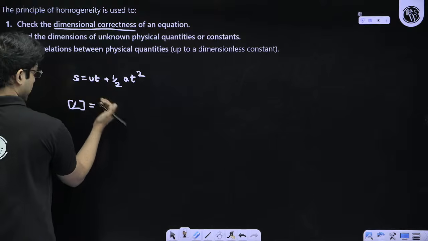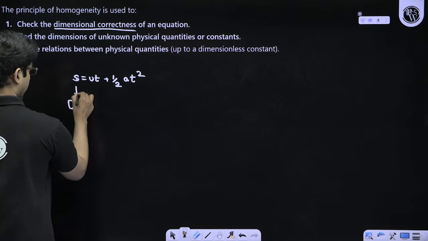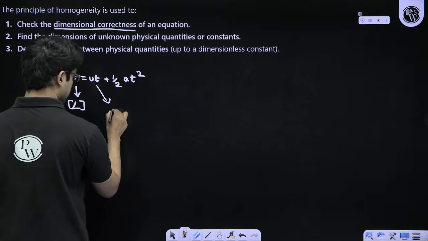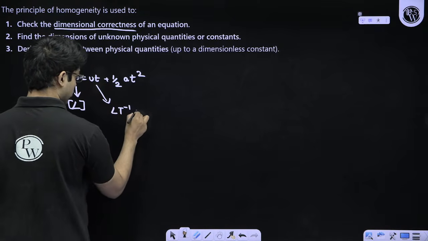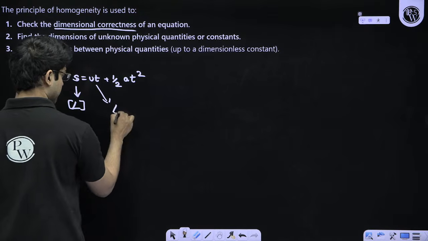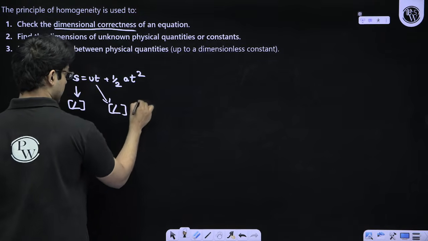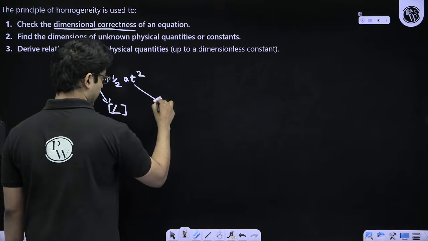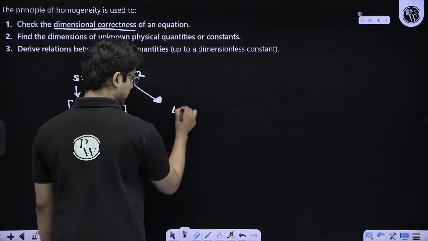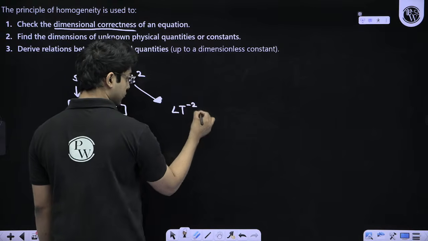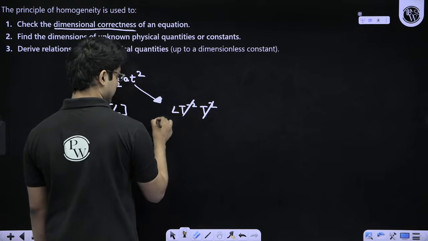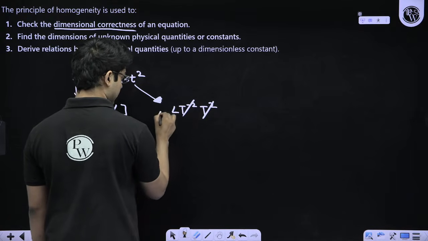What about ut? Ut is velocity into time, so its dimension will be L T raised to minus 1 into T raised to 1. So this will be L itself, it has to be L. And half at square: half is just a constant, A is L T raised to minus 2, and time square is T square. This is also L itself.